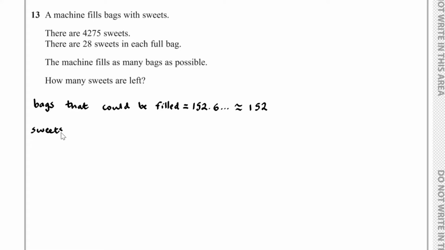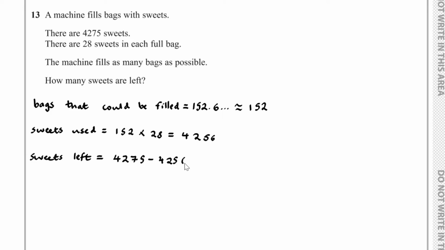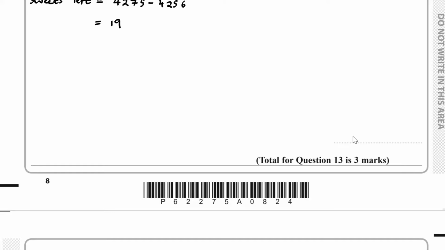So sweets used, this is equal to 152 multiplied by 28, which is 4256, and therefore the number of sweets left, this is equal to 4275 take away 4256, which is 19. So we get 19 sweets which are left over.